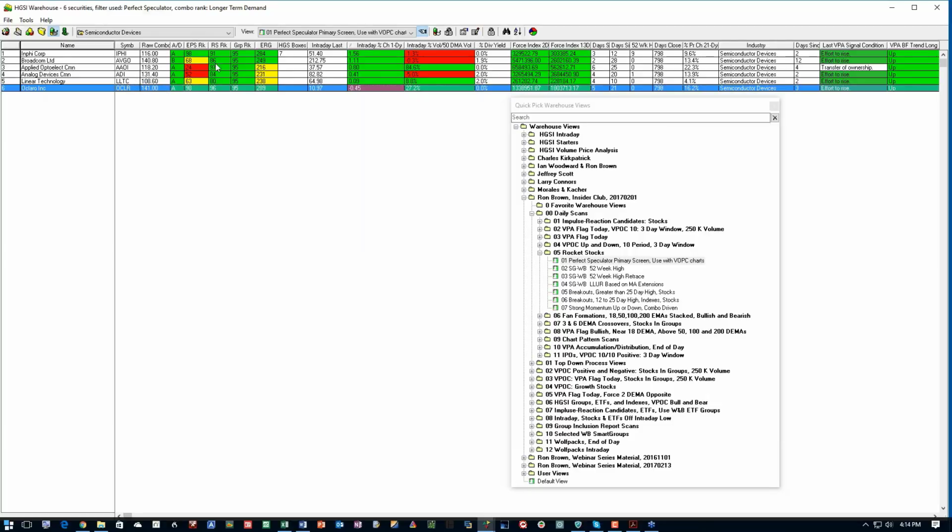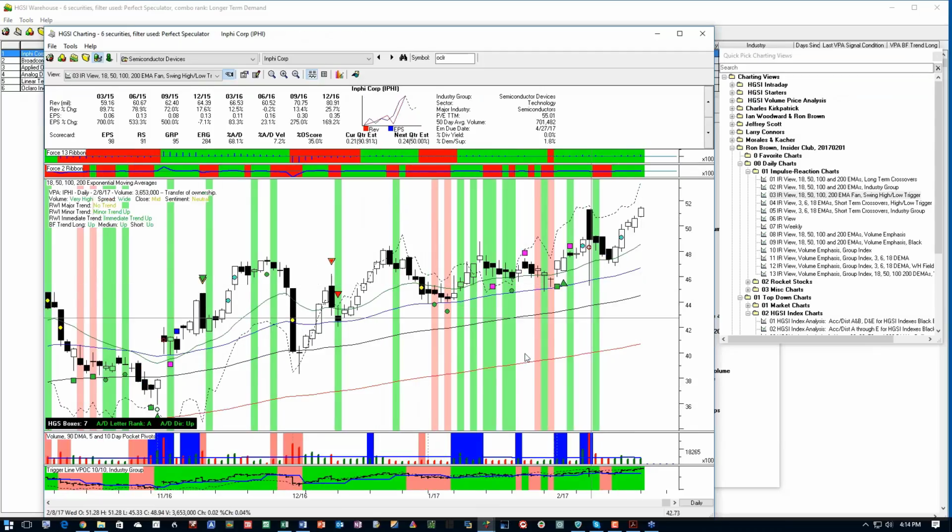But the stock has just a very strange personality. Now on this one here is where this was generated. And you may be asking, if this is a high, why is this black candle over here? Because this was a closing high right here.